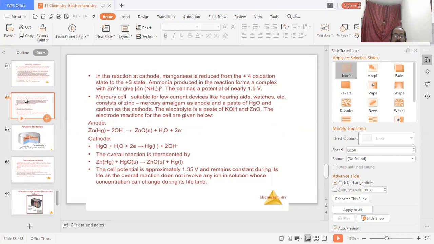The overall reaction is represented by zinc-mercury plus mercury oxide solid giving zinc oxide solid and liquid mercury. The cell potential is approximately 1.35 volt and remains constant during its life, as the overall reaction does not involve any ion in solution whose concentration can change during its lifetime.